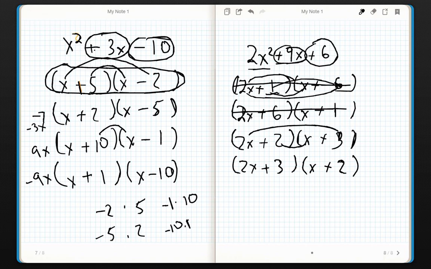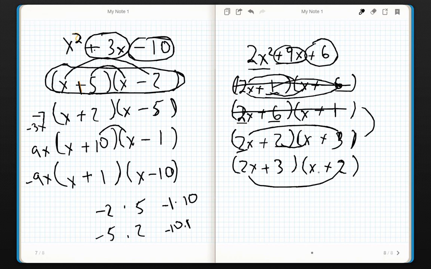Did I do this wrong? Oh, I see what happened here. Not it. So this ends up being 8x. Actually, these two are the same because of the common factor of 2 here. It ends up being x plus 3.